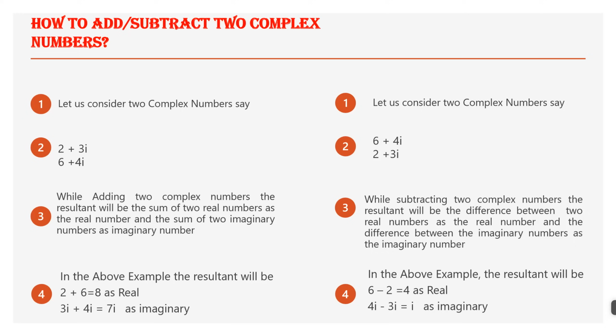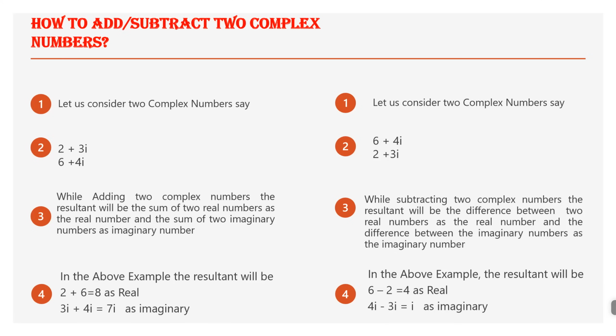So in the above example, what we get is 2 plus 6, which are the real numbers of the two complex numbers, which is equal to 8 as a resultant real number, and 3i plus 4i, which is equal to 7i as imaginary number.